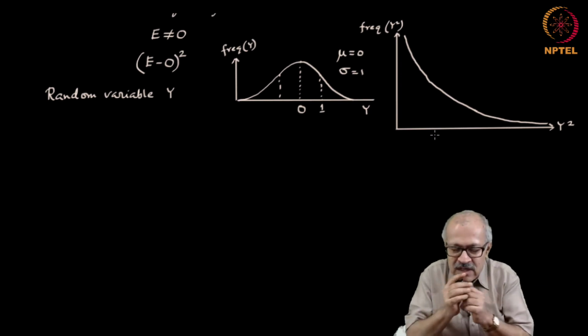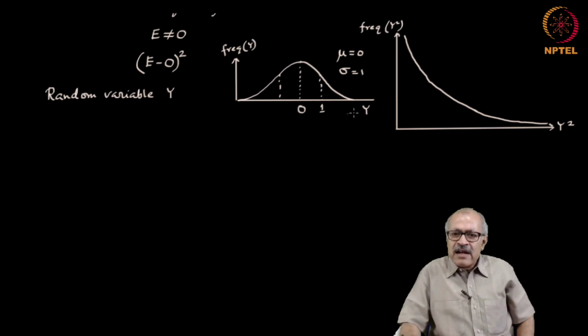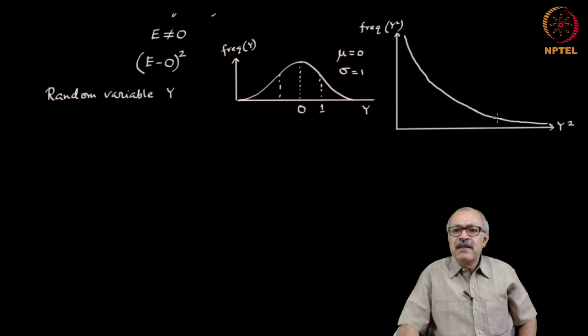Now notice the logic. If y is a random variable, the behavior of y square would be something like this, and then we can find some point beyond which the area is less than 5% of the whole area.